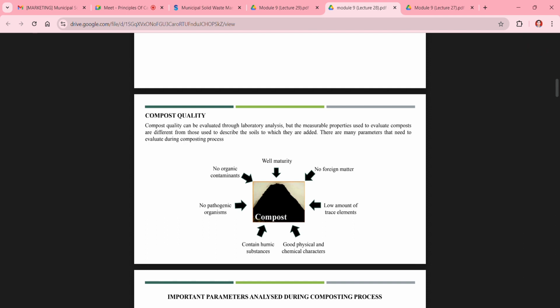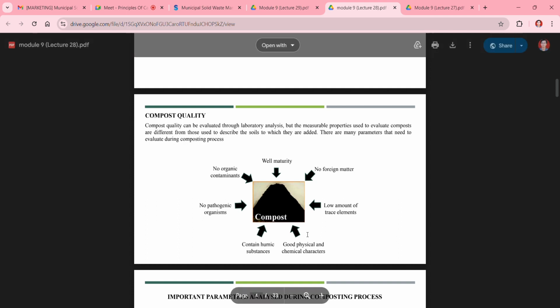Okay. After the composting process, we can do a sieving operation, so if any debris or inert material is in the compost material, it will be removed during the sieving operation. Okay, then there will be a low amount of trace elements like iron and silicon, and some heavy metals, but that has to be a very low amount, like fluoride or bromine content, and some hazardous content can also be there, but that level has to be at the ppb or ppm level only.